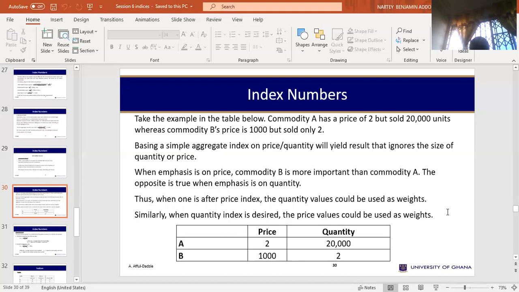When emphasis is on price, commodity B is more important than commodity A. The opposite is true when emphasis is on quantity. So when one is after a price index, the quantity values could be used as weight. Similarly, when a quantity index is desired, the price values could be used as weight.